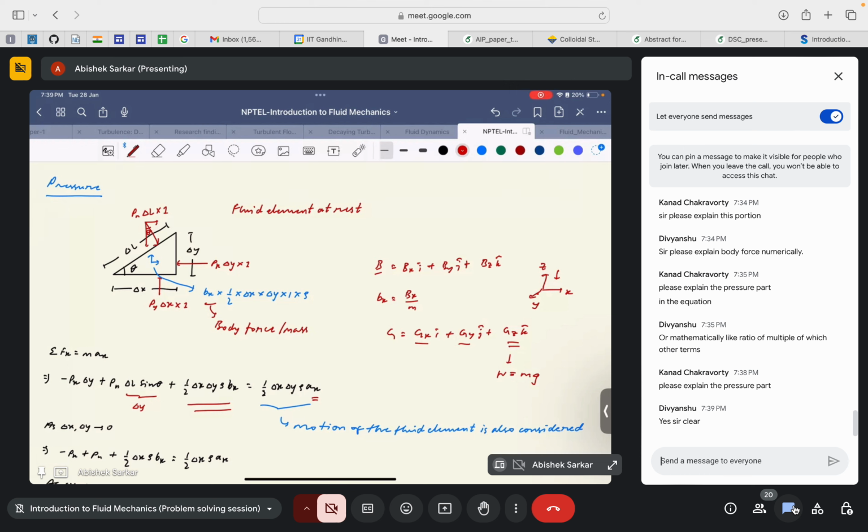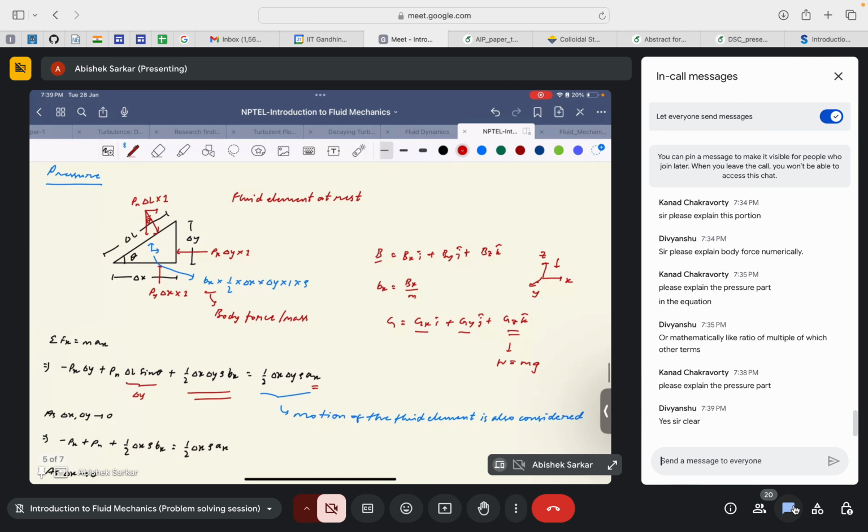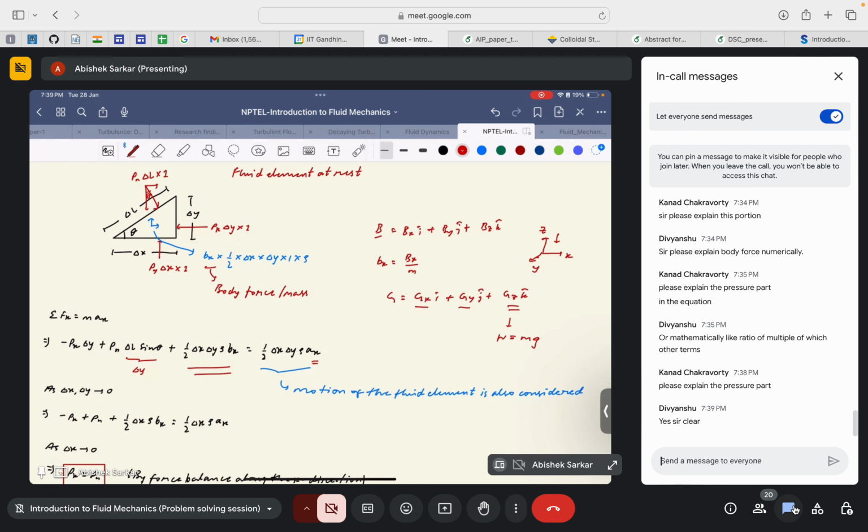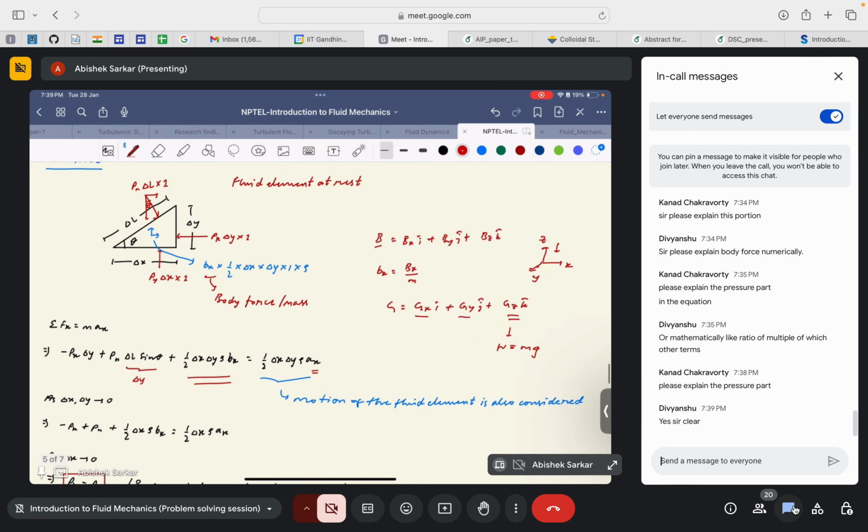Okay, so the pressure part. So here, as I mentioned, this fluid element may be in motion, and that is a very crucial statement.